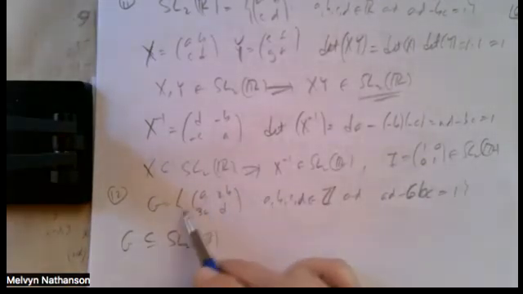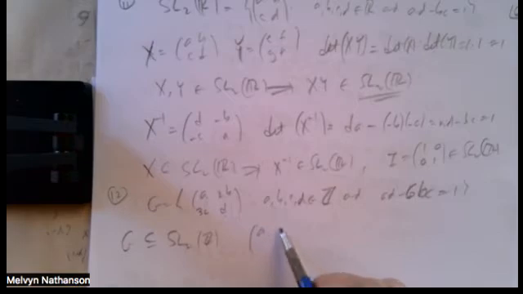So this means you're looking at matrices with integer entries where this coordinate is divisible by 2 and this coordinate is divisible by 3. Suppose I take two matrices of these forms, say (A, 2B, 3C, D) and (E, 2F, 3G, H). When I multiply them together, what do I get?